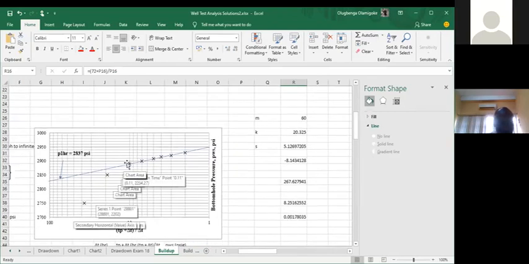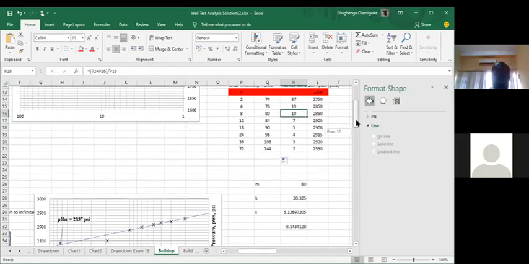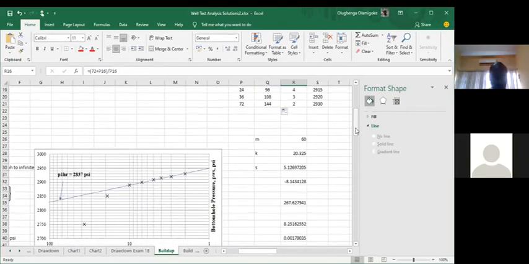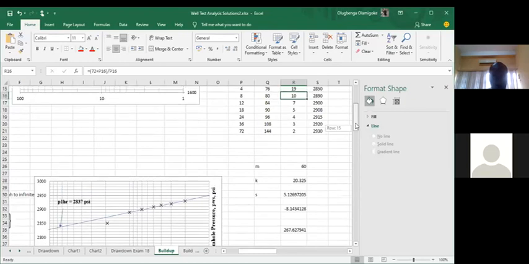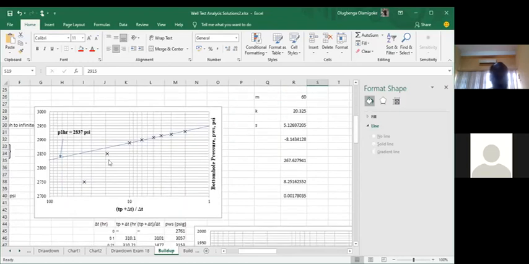For this question, you only have 2 cycles, 1 to 10, 10 to 100. And that's a Horner time of 10, and then the pressure is 2890. You can easily get that from there. Let's take another point. Let's take 24 and 2915. So if you take 24, this is 10, this is 20.